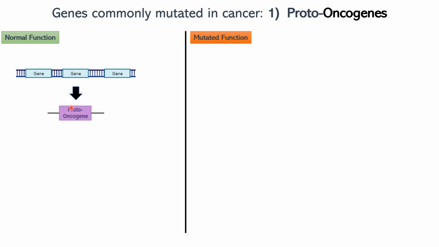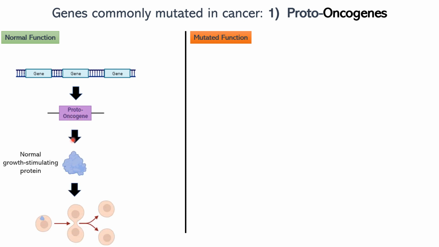So the question is, what type of proteins are produced by proto-oncogenes? The answer is that those proteins are proteins that stimulate the growth and division of a cell. So as we can see here, if a cell starts producing that protein, it will be induced to divide and increase in number. So what happens when a cancer-associated mutation occurs?